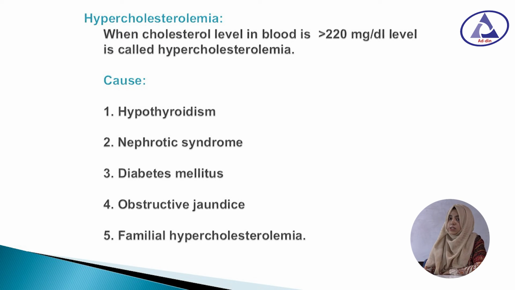Hypercholesterolemia. What is hypercholesterolemia? When cholesterol level in blood is more than 220 mg per deciliter, it is called hypercholesterolemia. The causes of hypercholesterolemia are hypothyroidism, nephrotic syndrome, diabetes mellitus, obstructive jaundice, familial hypercholesterolemia.